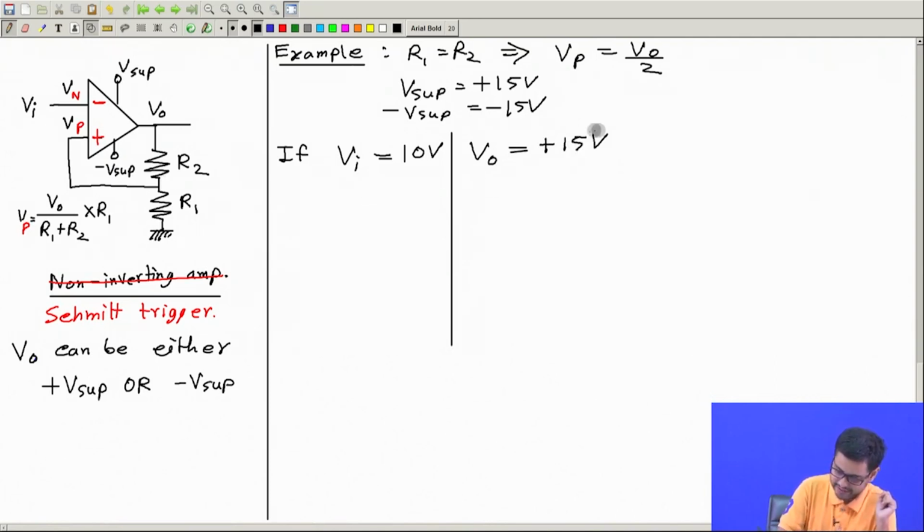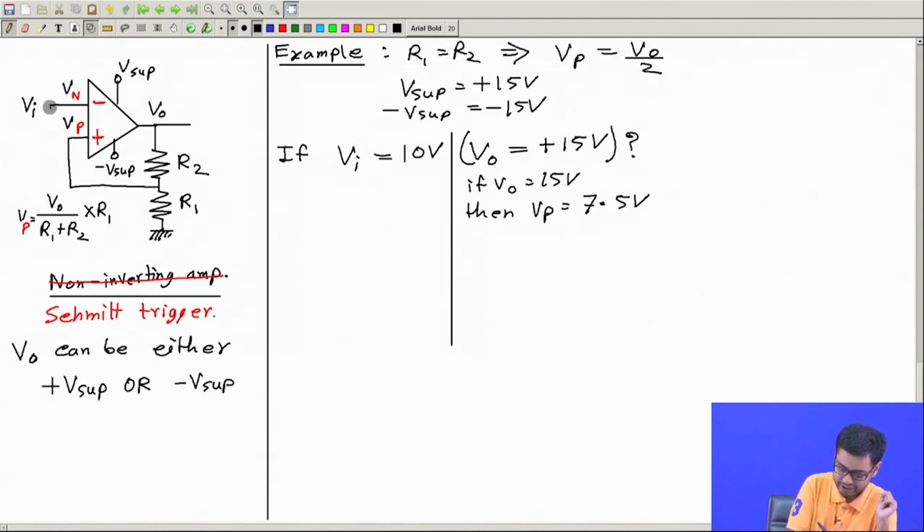Let's see whether this plus 15 is the correct answer or not. Okay. So let's check. If Vo equal to plus 15, then Vp equal to half of that. Then if Vo is 15 volt, then Vp is 7.5 volt. Now this 7.5 volt is less than Vi, which is 10 volt.